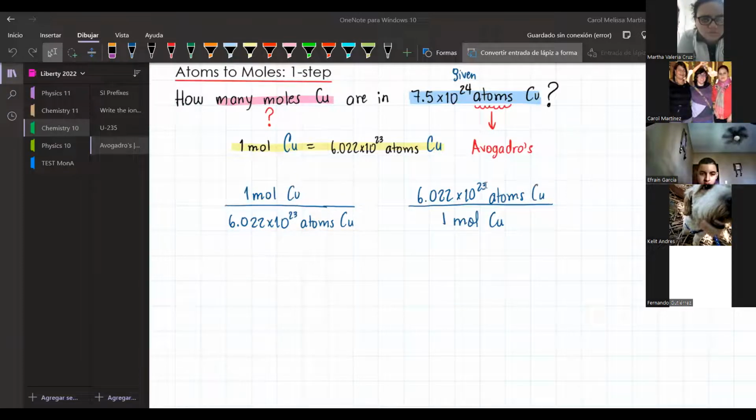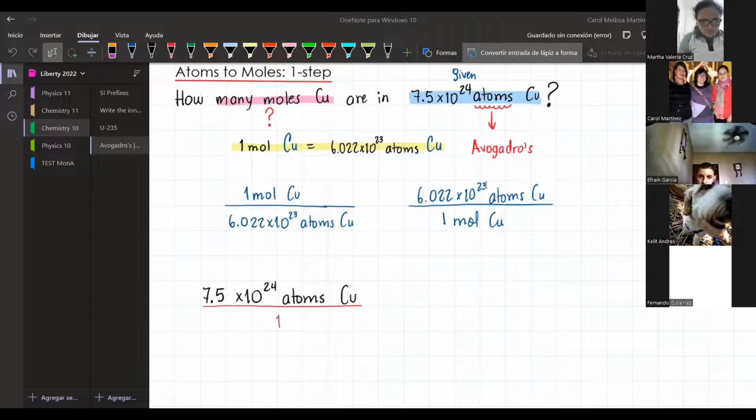So we start with the given. The given is 7.5 times 10 to the 24th power atoms of copper, and we write it over 1.